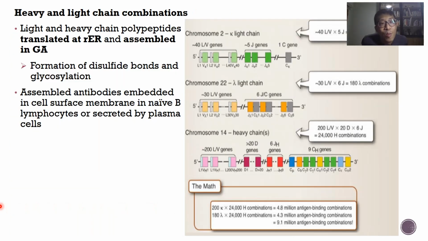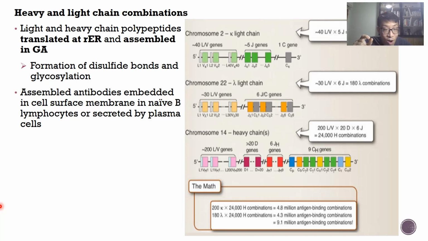Because this somatic recombination is random, different B cells would form different heavy chain polypeptides and light chain polypeptides.